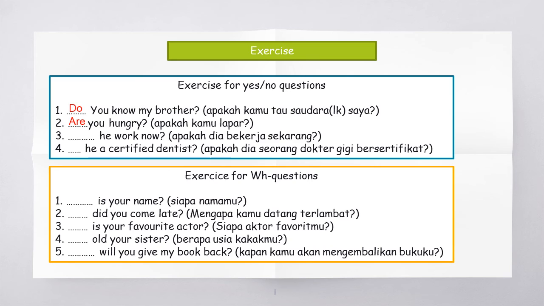Because from the sentence we can identify that it does not have a verb, and you must use to be, and the to be is are because the subject you is a plural subject.